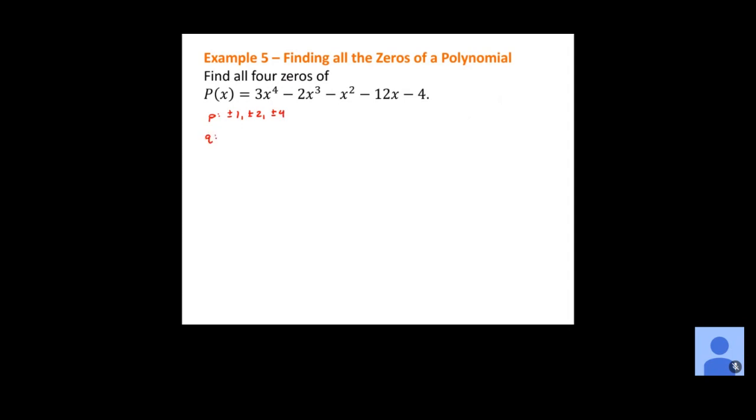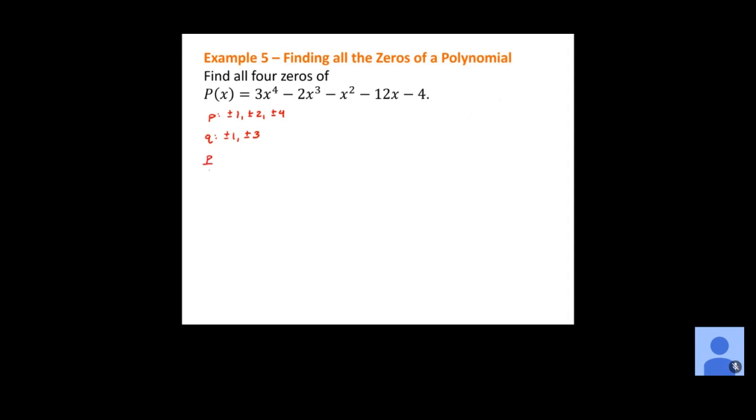And then for the Q value, we're going to get what? Okay, so 1 and 3, right? So plus or minus 1 and plus or minus 3 this time. Okay, so our leading coefficient is 3, only factors of 3 are 1 and 3. All right, then we can divide, right?